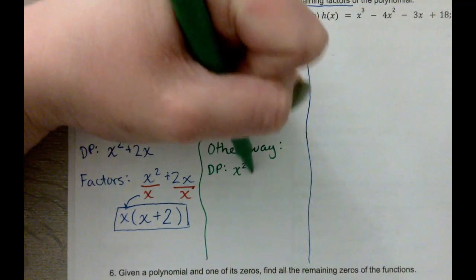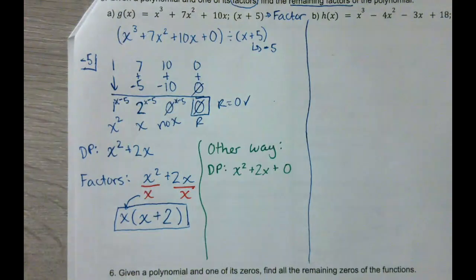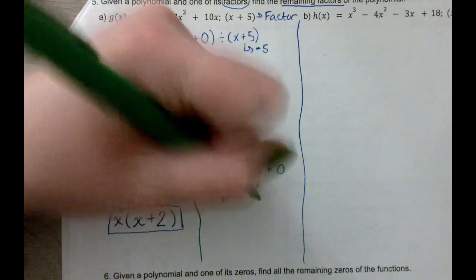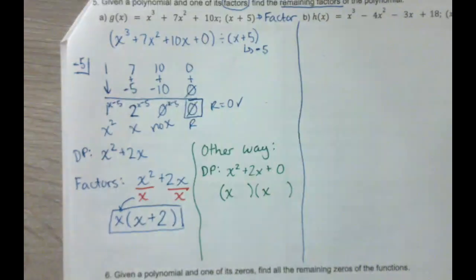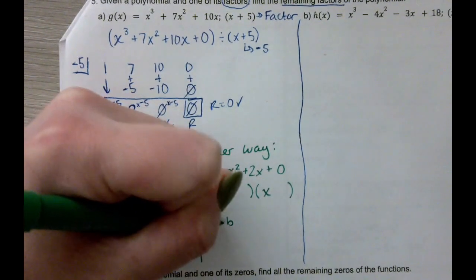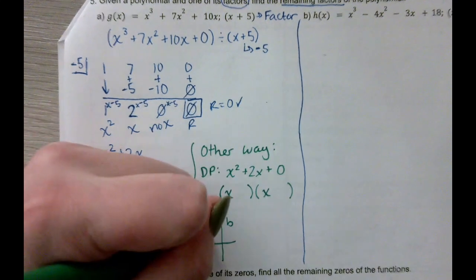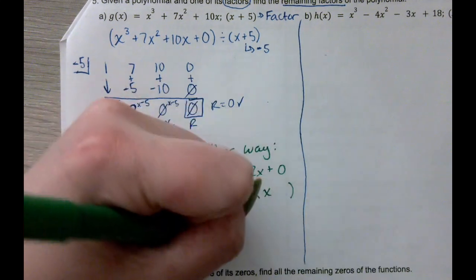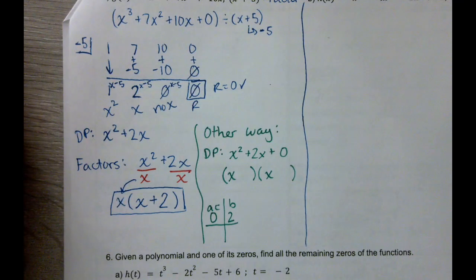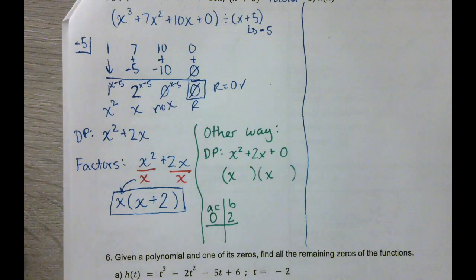So we could have x squared plus 2x plus 0. And then we need to come up with our factors. So you use your ACB chart. A is 1, C is 0, well that automatically makes it 0, and B is 2. Now this seems silly, but 0 is one of those numbers where you have a lot of flexibility. You can multiply 0 by anything and get 0. So it actually has an unlimited number of factors.